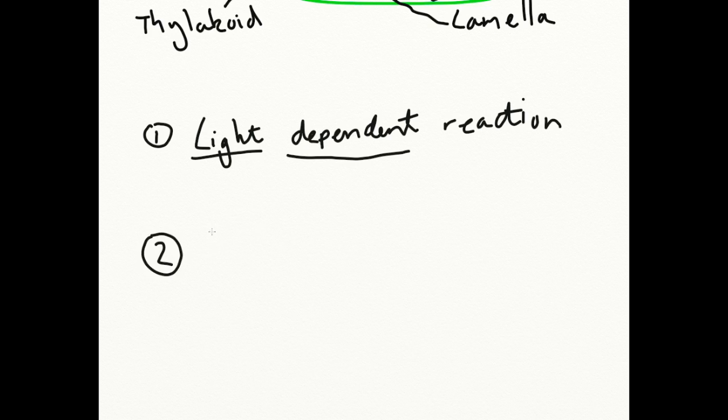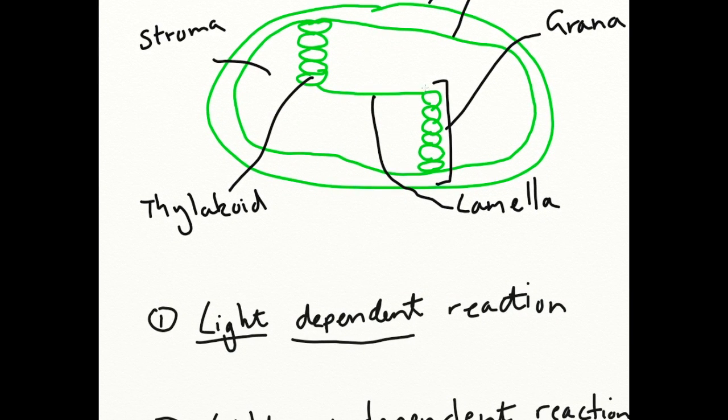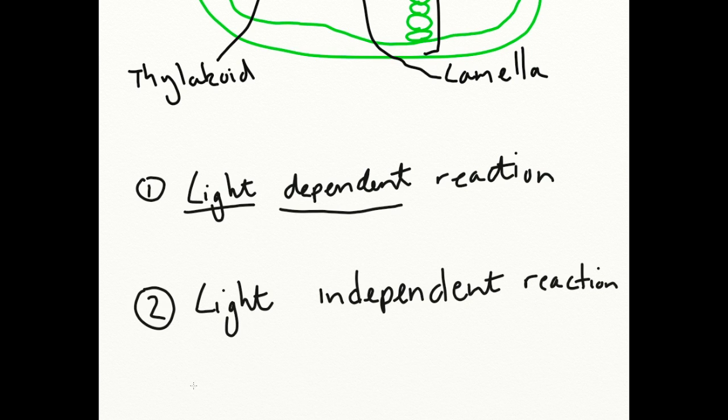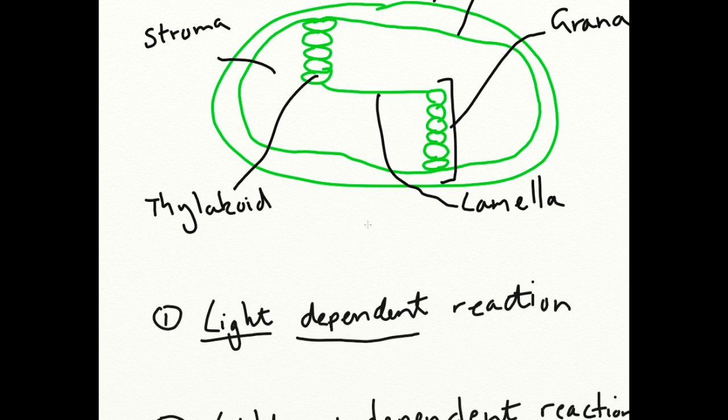The second part is the light independent reaction, which does not require light. Okay, so you get the light dependent, which needs light, and it takes place in the grana, specifically in the thylakoid membrane, but we'll deal with that in another video. And the light independent reaction doesn't use light, and that takes place in the stroma.